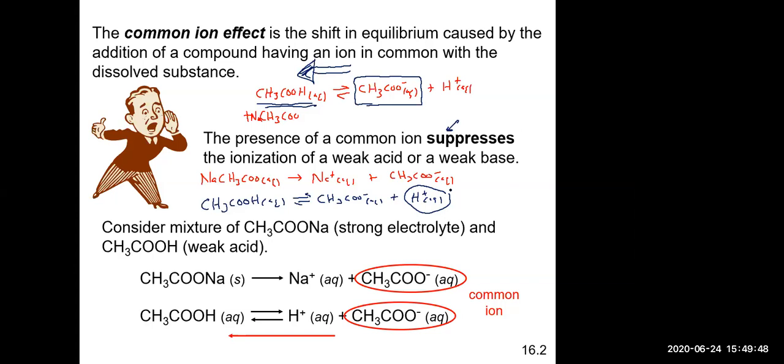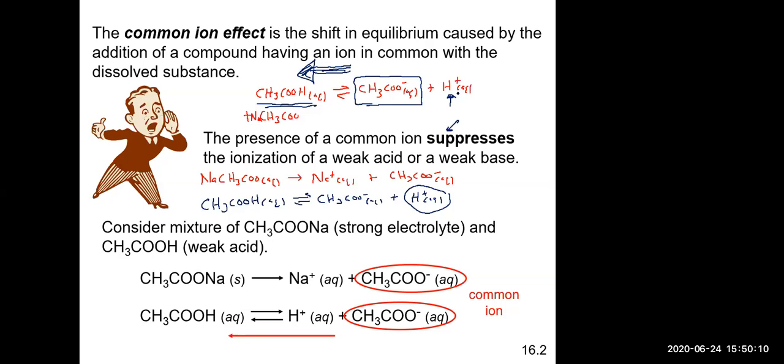And what will happen, though, if you put that acetic acid in with the acetate, because it's going to cause this equilibrium to shift to the left, that means that in the second solution, the solution with the acetate, we would actually have less H+ being produced or free in the solution.